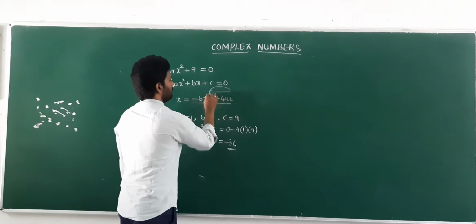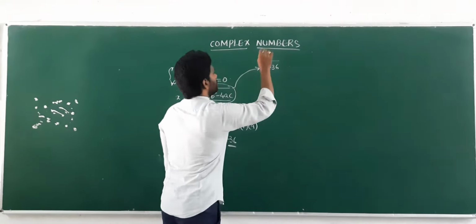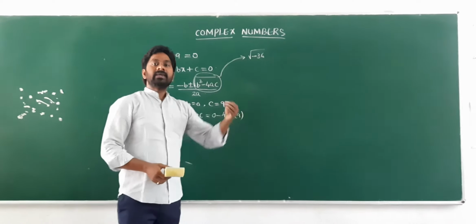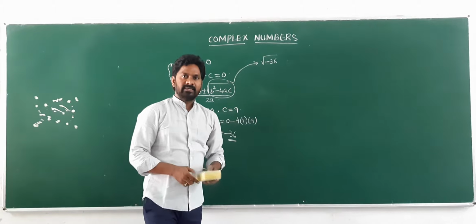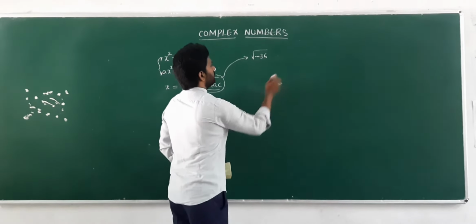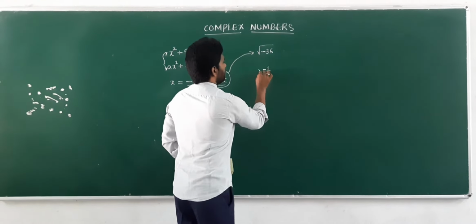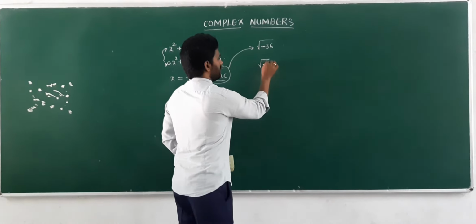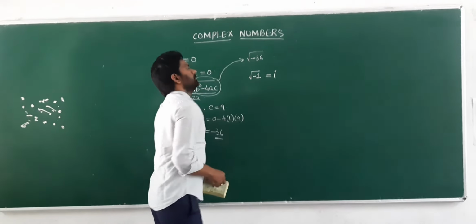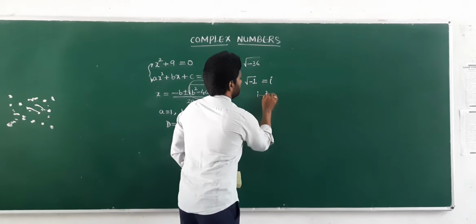And over here we get the square root of minus 36. The square root of a negative number does not exist on the real axis. So here the new number system, the complex number, comes into existence. Robert Argand proposed that the square root of minus 1 be introduced as the parameter i. i is called iota.